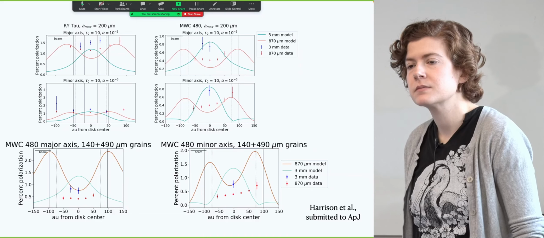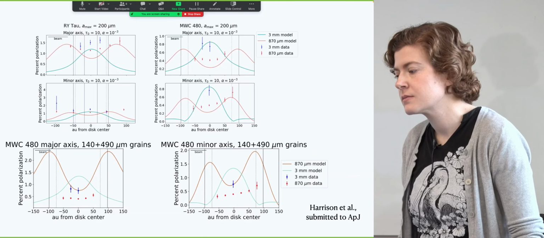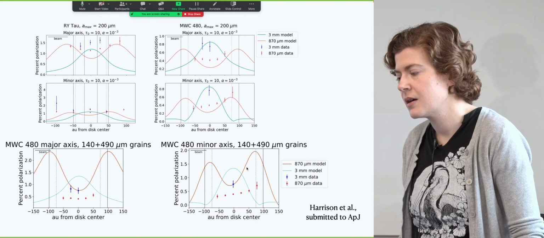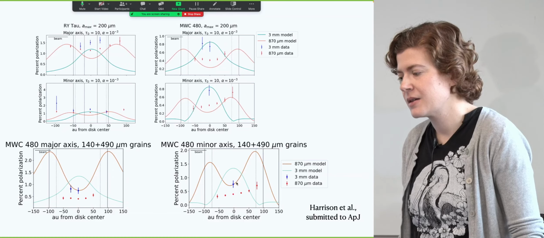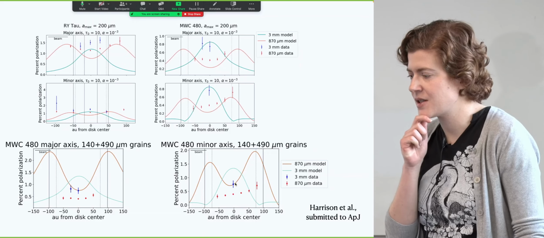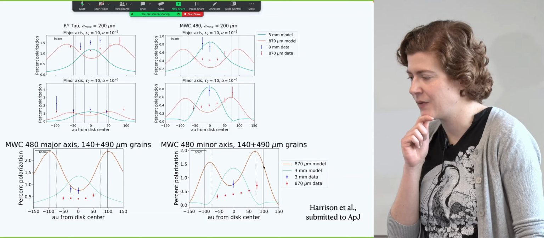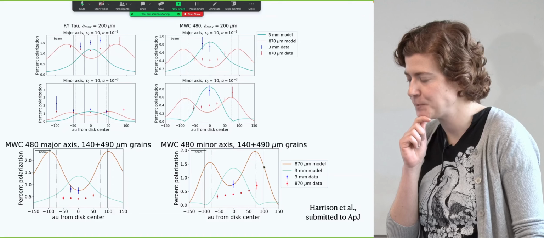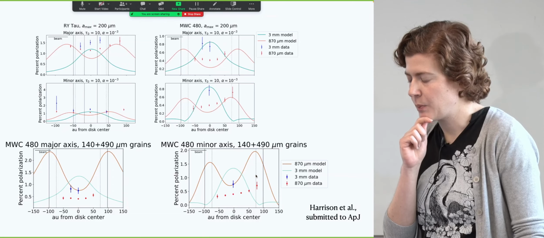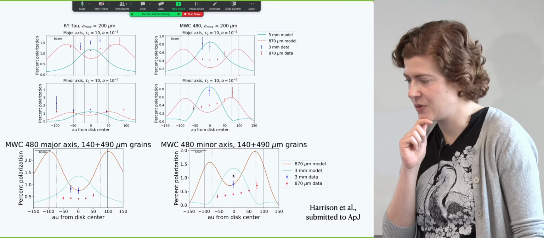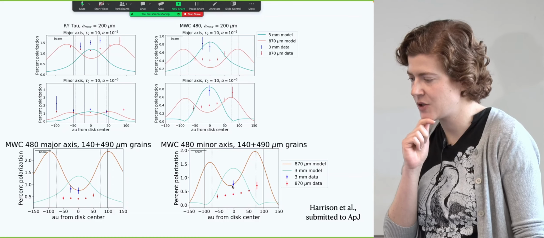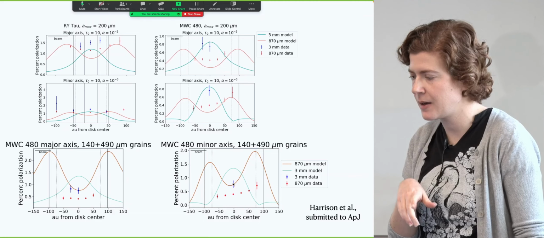So I assume then that means that your red lines are not being smoothed by the beam for the prediction, so that's the unsmoothed prediction? Yeah, so the models actually have been convolved with a beam, but they're not fine-tuned to reproduce the exact polarization fractions that we're seeing in the data.